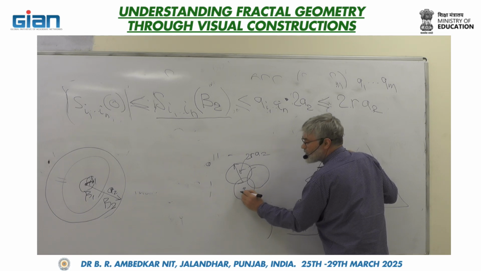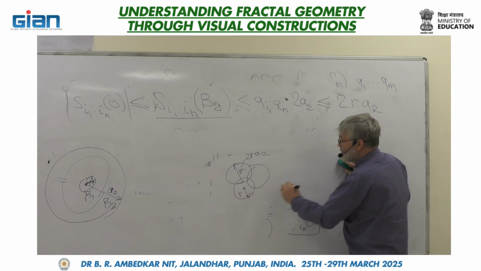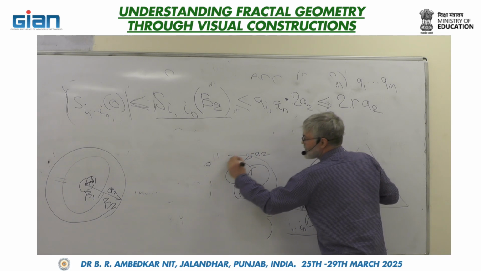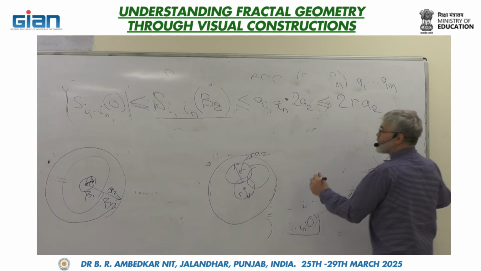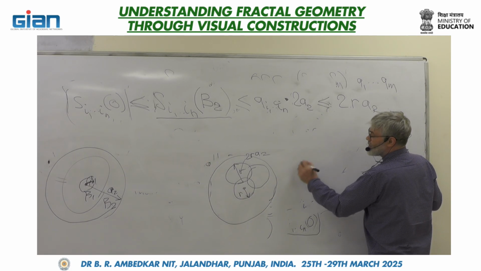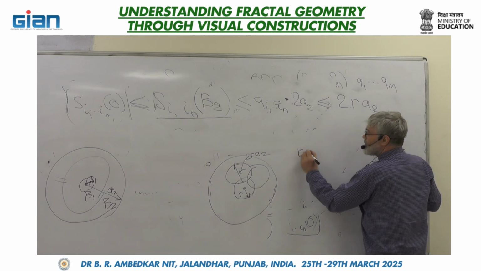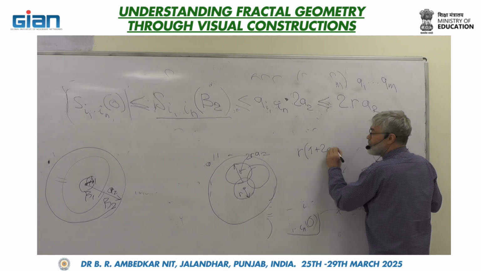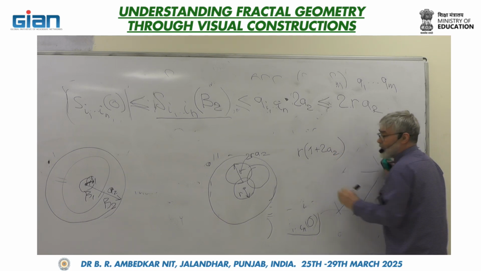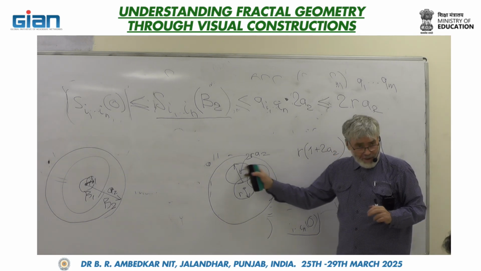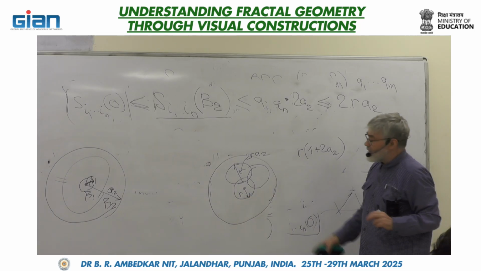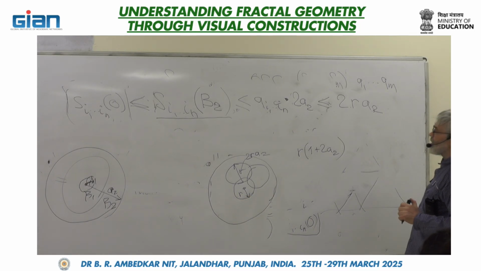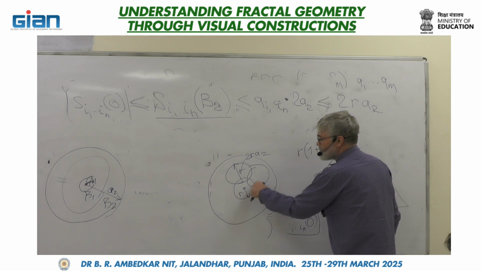And this radius is R. So all this picture is contained in the large ball, a very large ball, which has the radius R multiplied by 1 plus 2A2. So these are the large balls containing these sets Si1 In of O, which intersect this ball.